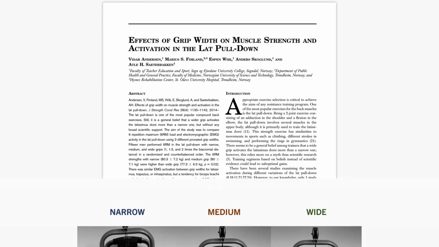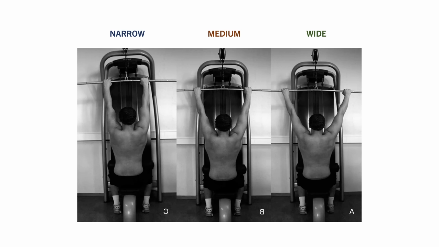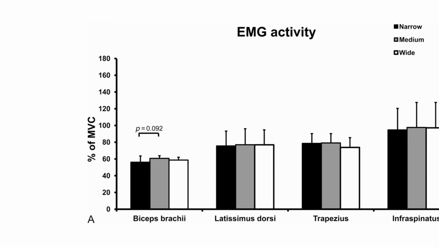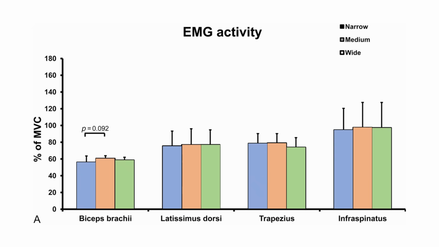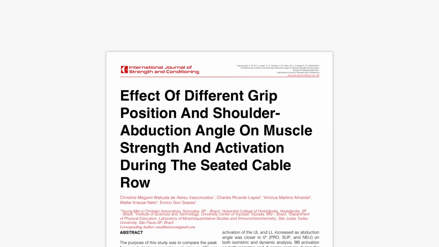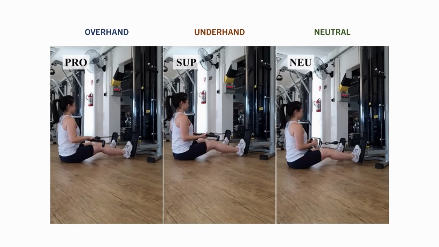For example, this study compared the effects of performing lat pull-downs with either a narrow, medium, or wide grip on back muscle activity. It was found that activity of all back muscles measured were similar, regardless of grip width. Another study compared the effects of performing seated cable rows with either an overhand, underhand, or neutral grip on back muscle activity.